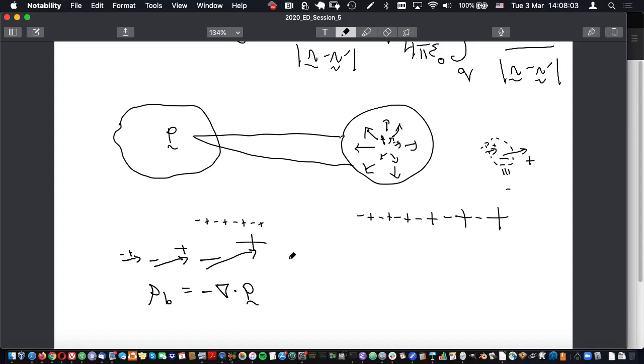When we compute the dipole, it's essentially the summation of charge times distance, right? So if I have plus minus, then my dipole moment is that way. The arrows that I have are really local dipoles, okay? These are not the electric field lines.